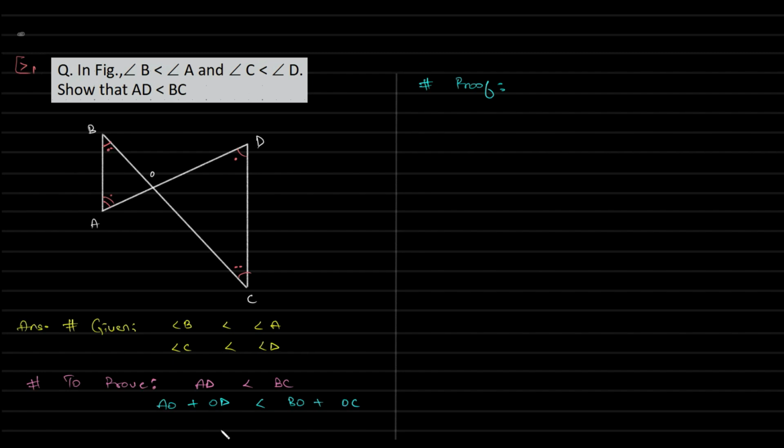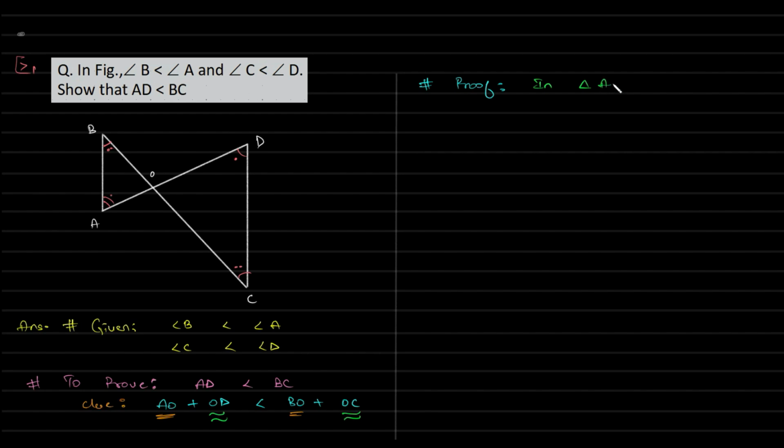Think about it. Next clue is try to relate AO and BO, and next try to relate OD and OC. If you're able to do that, that's good. If not, let me show you how to do this.